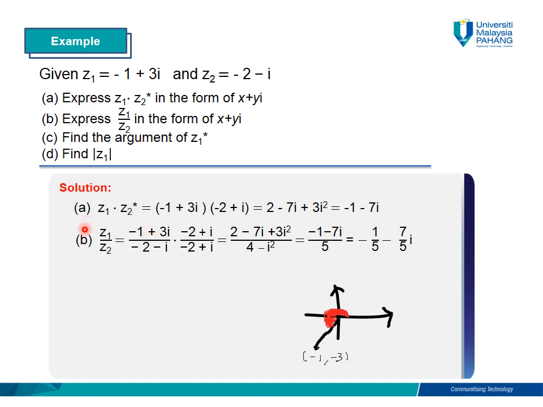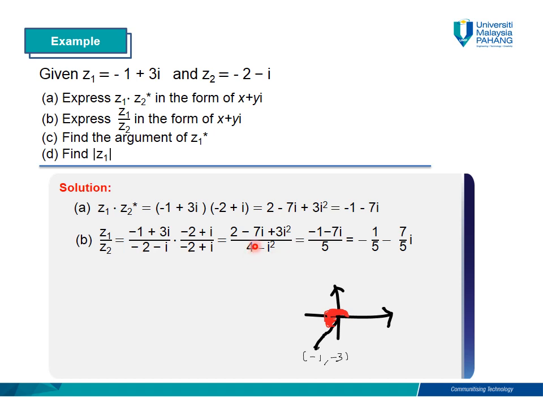Okay, look at B. -1 plus 3i divided by -2 minus i. So because below here we have an imaginary part, we want to remove it, so we need to multiply with the conjugate. Okay, so make sure if this one is negative, this one should be positive, so that we can remove the i.